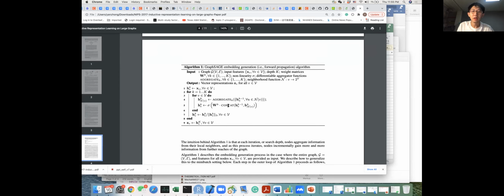Here he combined the original feature and the new feature as the input of a neural network, just a one-layer neural network. You can see it does the linear transformation first, and then the nonlinear transformation. This is what GraphSAGE does in each step.